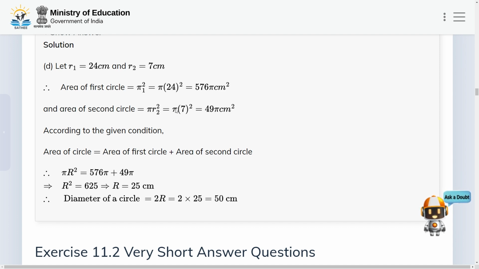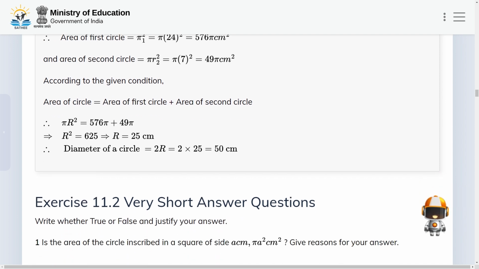So according to the given condition, area of circle is equal to area of first circle plus area of second circle. So here the area of circle with the radius r is pi r square, and area of first circle is 576 pi, and area of second circle is 49 pi. So it implies r square is equal to 625, and it implies r is equal to 25 centimeter.